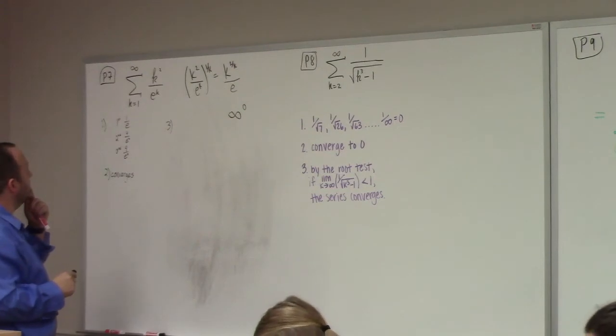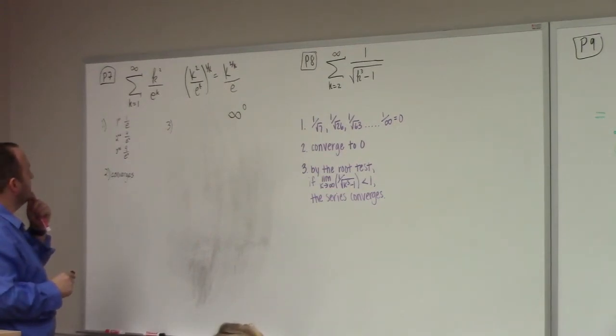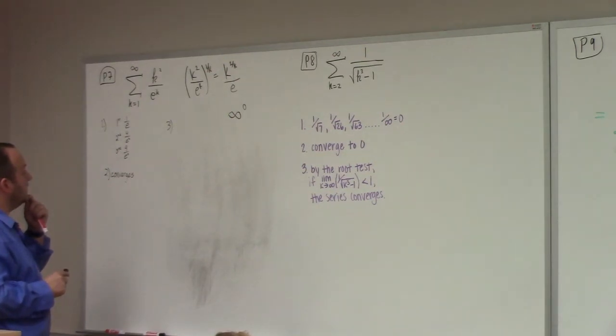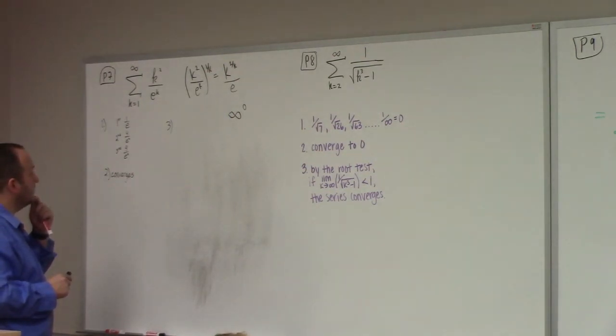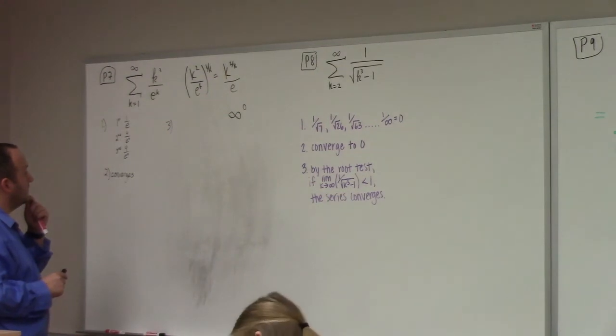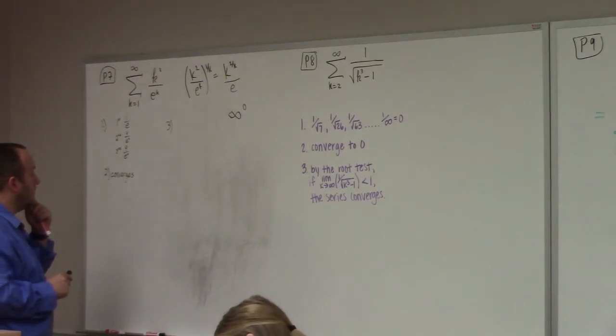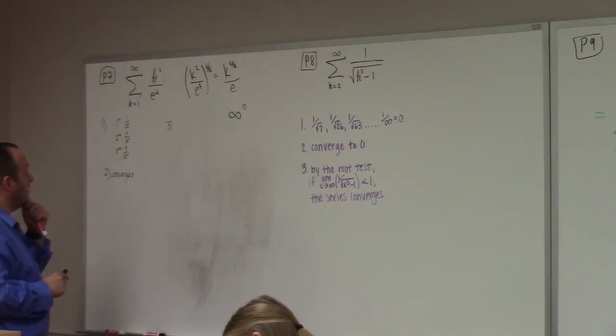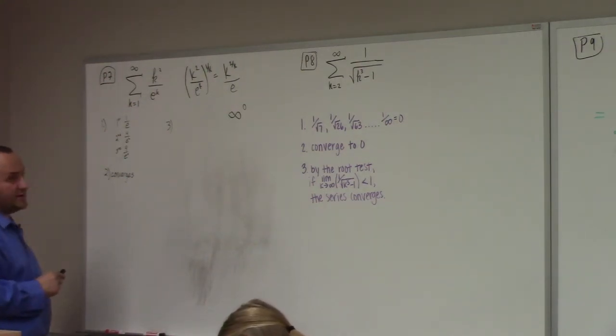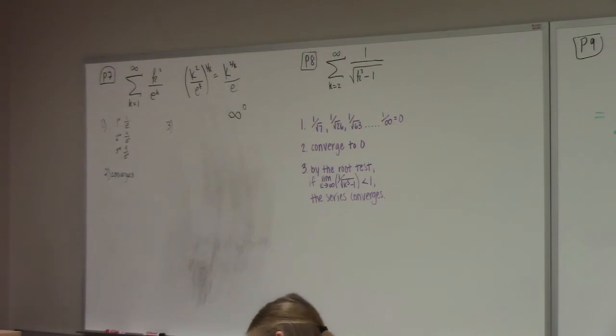Problem 7. So you guys think it converges? I tend to agree. Maybe this is an integral test problem. We could integrate x squared e to the minus x, right?